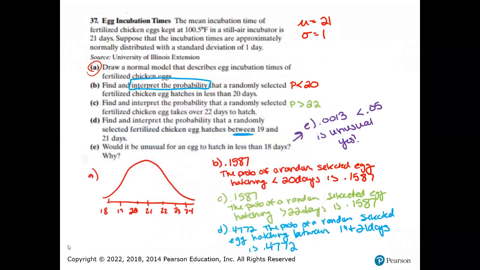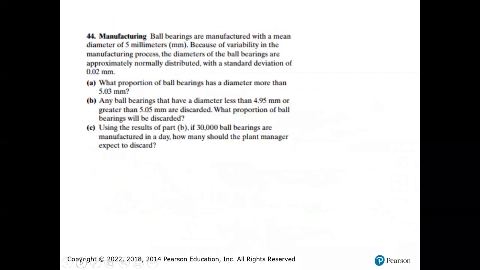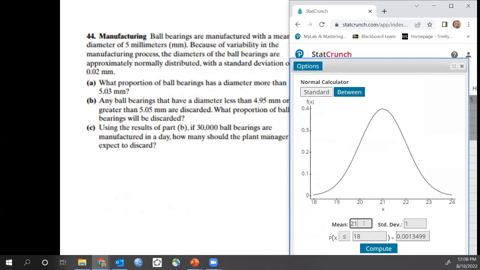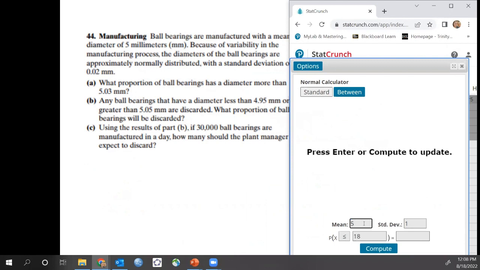I do have one more example here that we can do. All right, so let's see. Ball bearings are manufactured with a mean diameter of 5 millimeters. Because of variability in the manufacturing process, the diameters of ball bearings are approximately normally distributed with a standard deviation of 0.02. All right, so immediately I say, okay, at my normal calculator here, I have a mean of 5, a standard deviation of 0.02. I'm going to enter that in just so I'm ready.